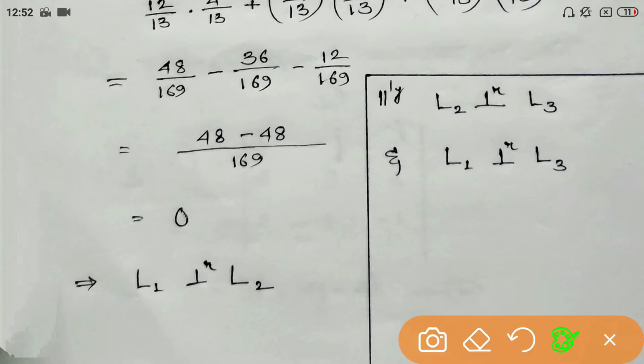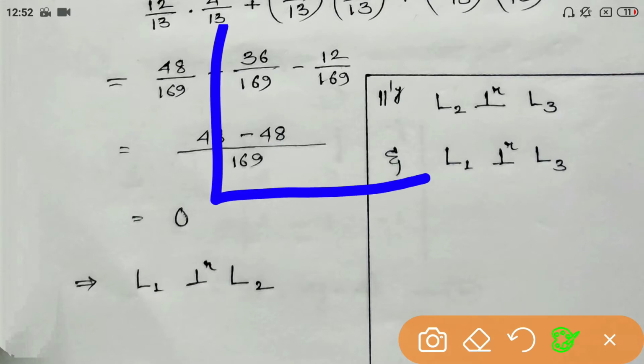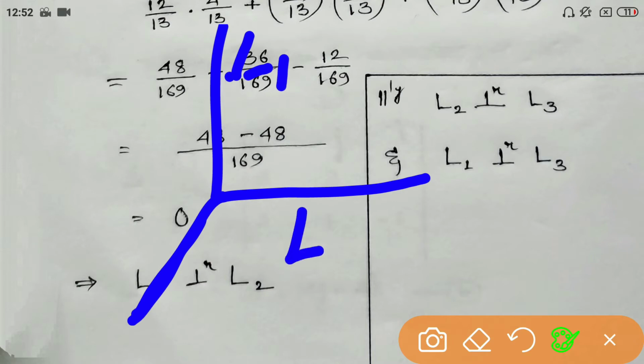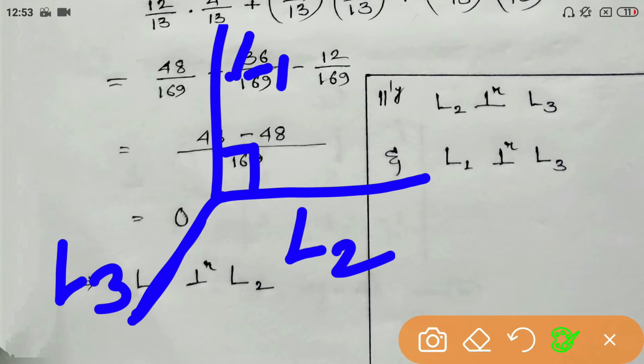Now look at this. This is your L1, this is your L2, this is your L3. Now L1 perpendicular to L2, you have shown this perpendicular to this, right? L2 perpendicular to L3, shown this perpendicular, right? But you have not shown this one.